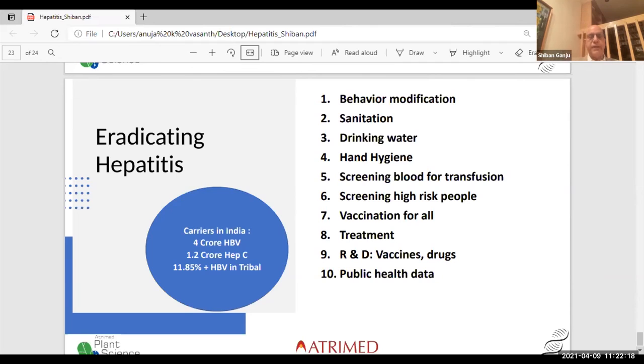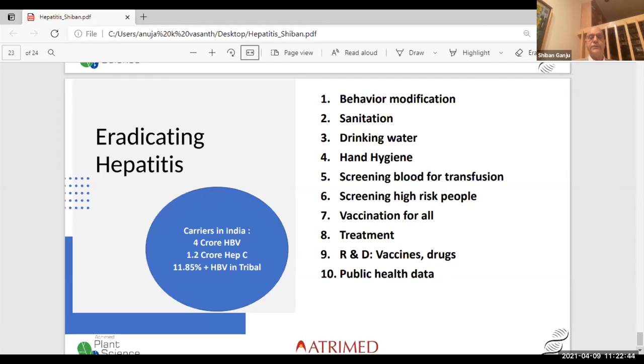The 10 steps: behavior modification, educating people about how it happens, improving sanitation, giving good drinking water, and hand hygiene, the same story all over. Before transfusion, please screen blood for hepatitis B and C, and screen high-risk people, as I mentioned earlier.